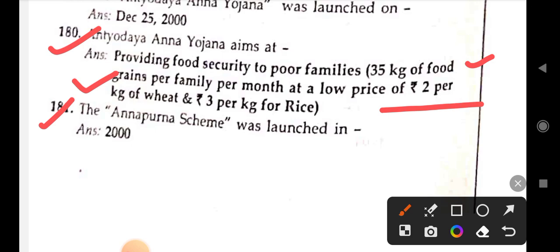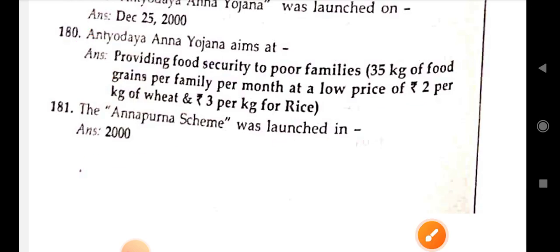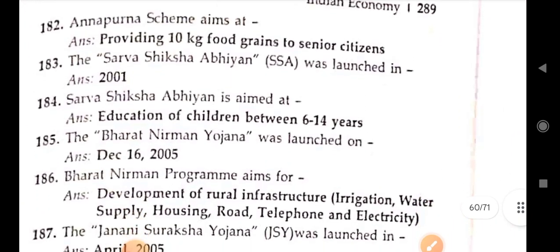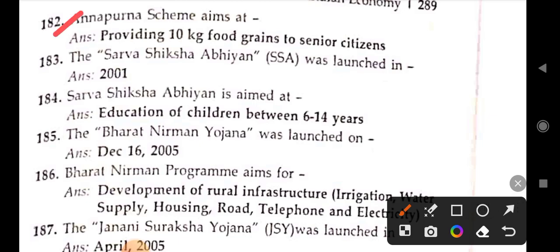Next, the Annapurna scheme was launched in 2000. Annapurna scheme aimed at providing 10 kg of food grain to senior citizens.